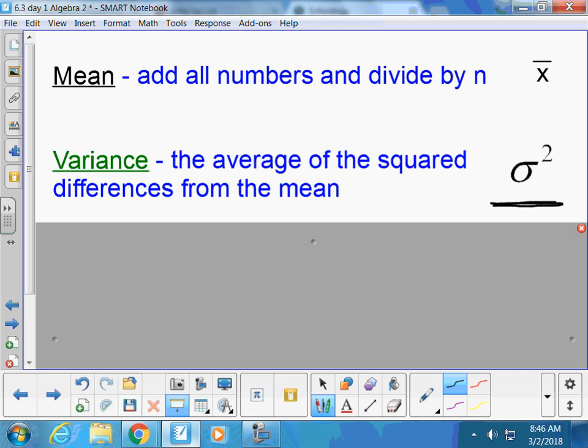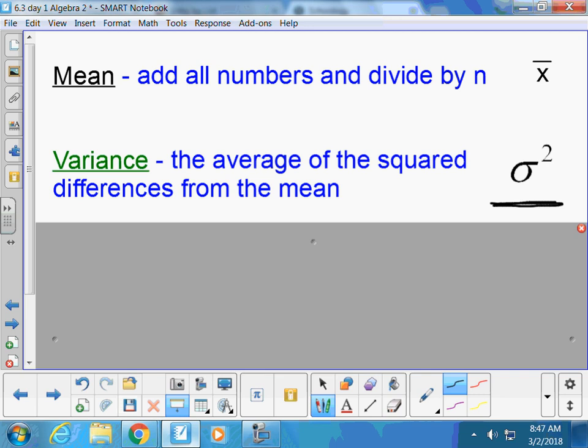That's called a deviation. You would square that number, add it all up, and average it again, and that is your variance.